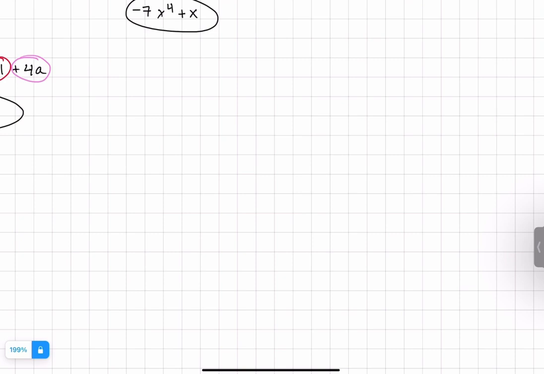Let's do our last problem. So k raised to the fourth power minus 5k cubed minus 3k squared plus 6k to the fourth plus 4k. So this is a problem with both subtraction and addition. So you can have problems like such.